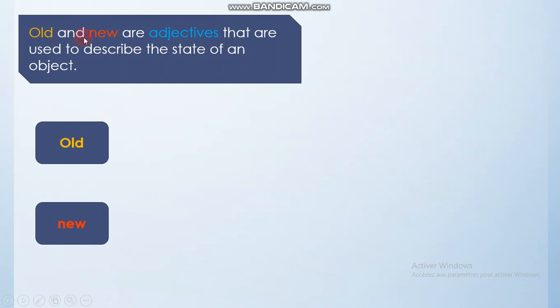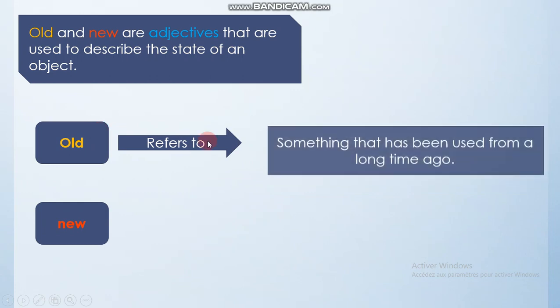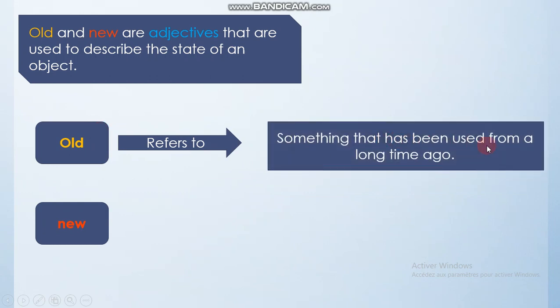So old and new are adjectives. They are used to describe the state of an object. So they are adjectives. Why adjectives? Because they describe the state of an object. For example, old refers to something that has been used from a long time ago.